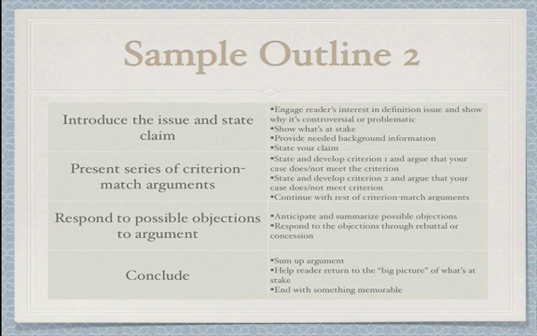This doesn't mean that you don't have criteria. You do have criteria. Just some people are going to state them as one of the first parameters, right? And for other people, it will be a more organic and natural flow. So how you decide to outline and set up your paper is up to you. Here are 2 samples that you can try and work with if you feel that you need the assistance.